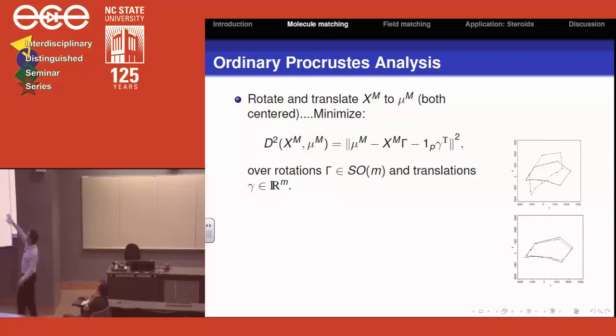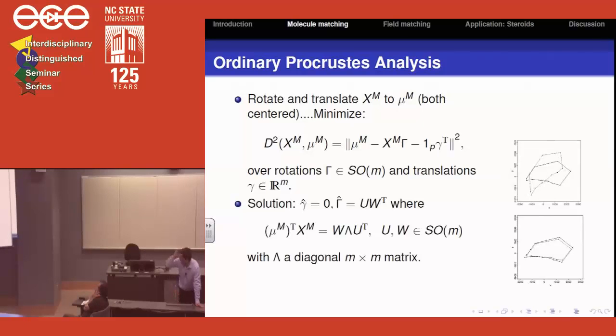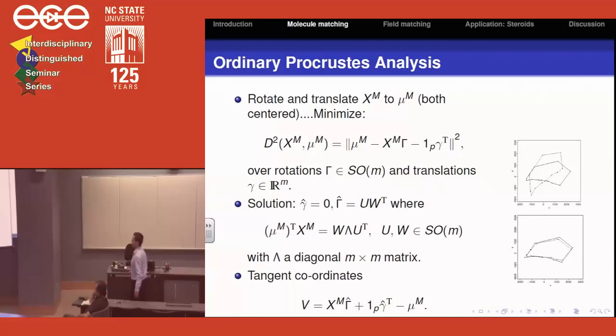So here's just an example from biology with some points on a skull. And I want to match one to the other, or this one here to the other, by rotation and translation to get them as close as possible. That can be done just with singular value decomposition and a straightforward bit of matrix algebra.